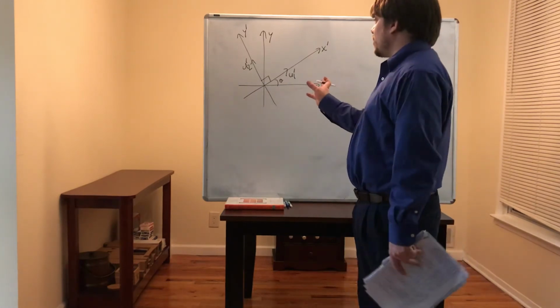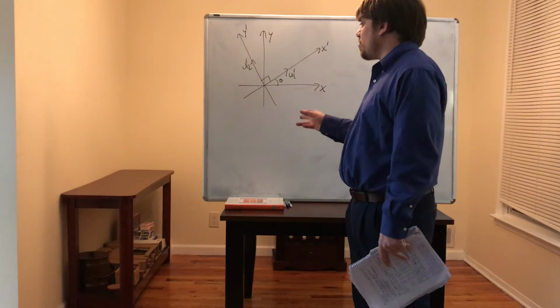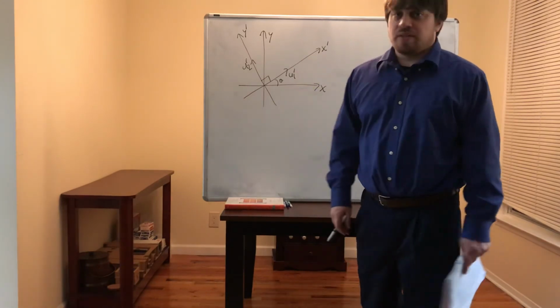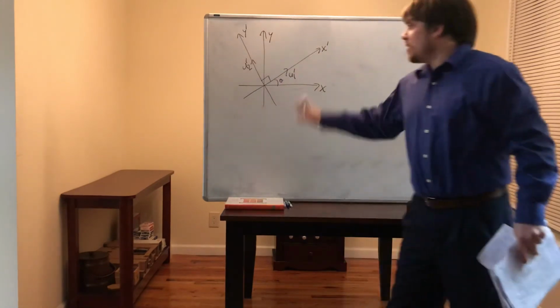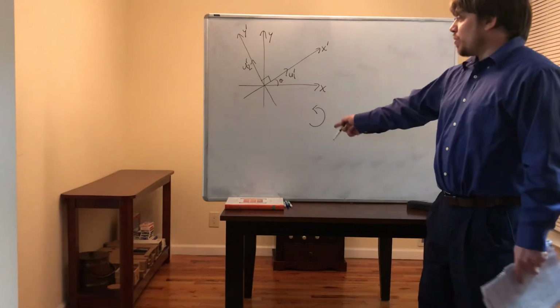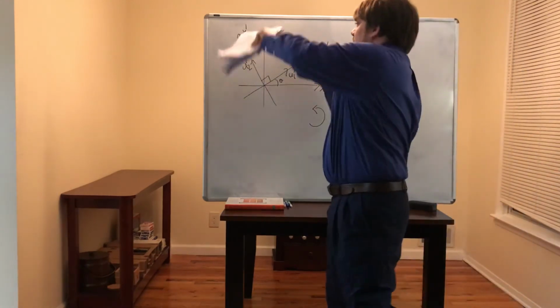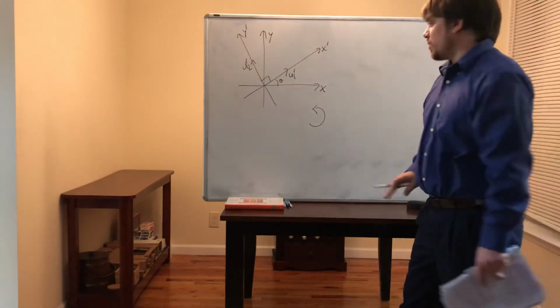And then let's consider the coordinate axes x prime and y prime, which is just a rotation of theta degrees about the origin counterclockwise. I'm taking the original coordinate axes and rotating them about the origin theta degrees counterclockwise. I'm fixing the origin, and just moving everything theta degrees counterclockwise.